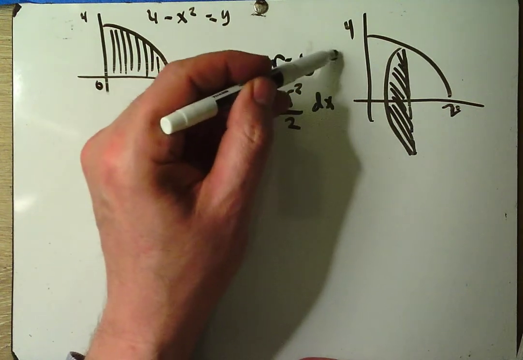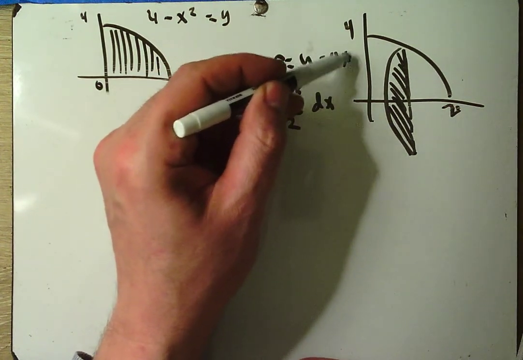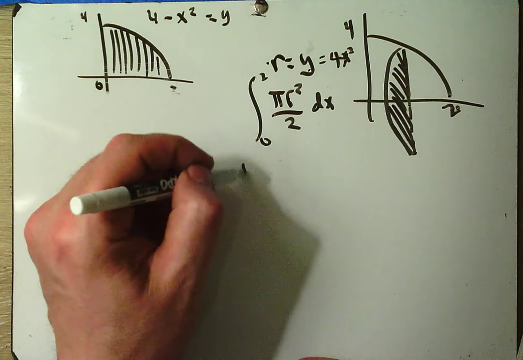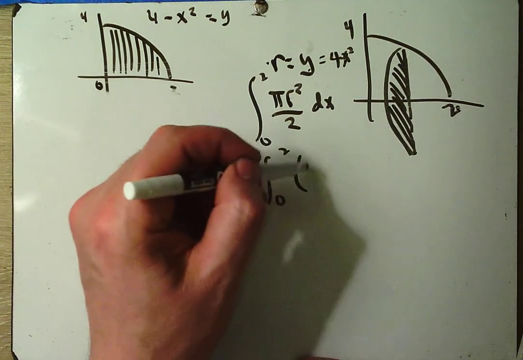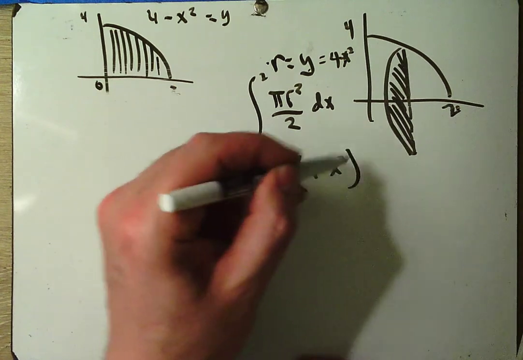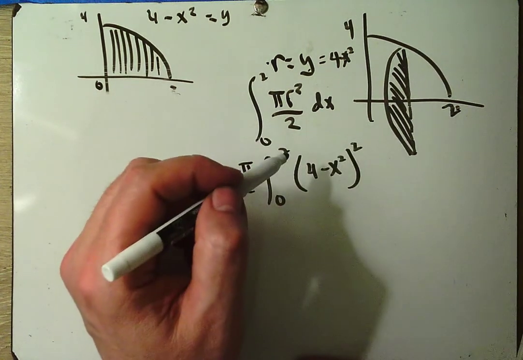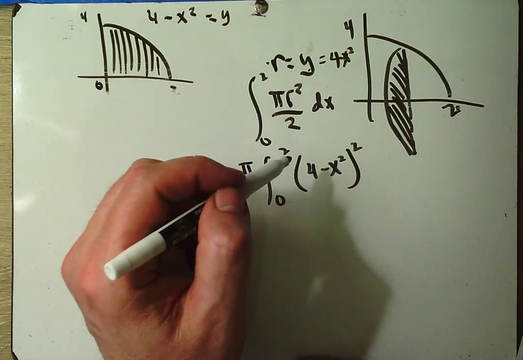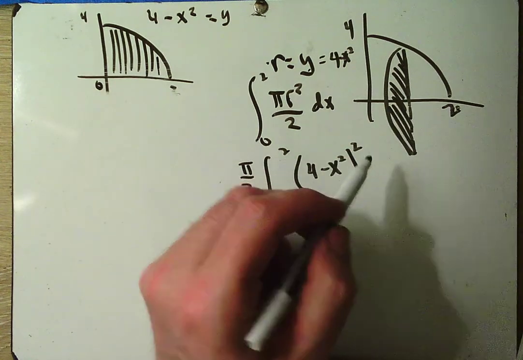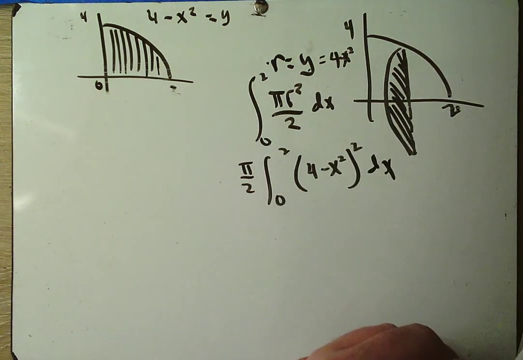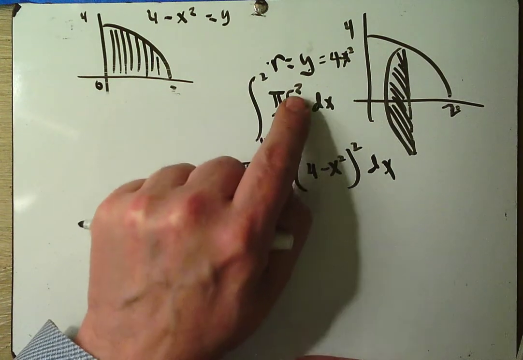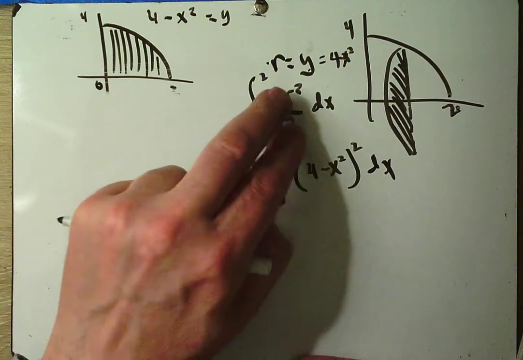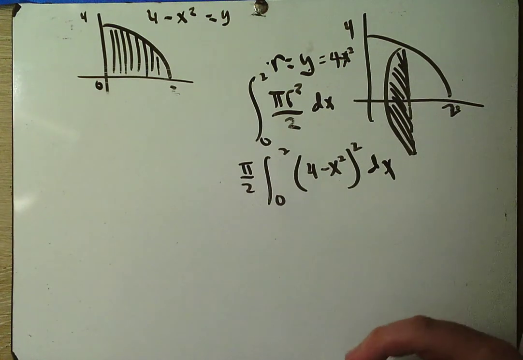And what was y equal to? 4 minus x squared. So pull out the constant, 0 to 2, and (4 minus x squared) squared dx. Pi r squared is the area of the circle. That 2 is not being squared, so I can pull it out as a constant now.